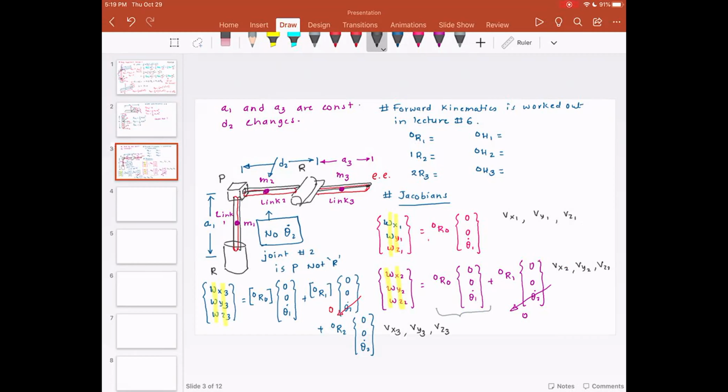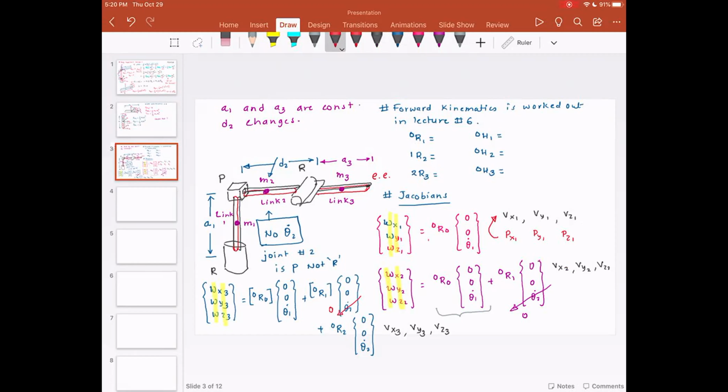Now that everyone understood the process, we will first solve the forward kinematics problem. From it, we will find the positions px1, py1, pz1, differentiate those, and find vx1, vy1, vz1.